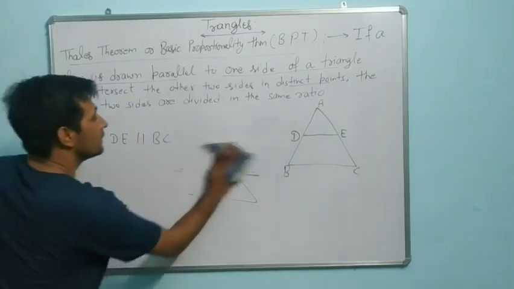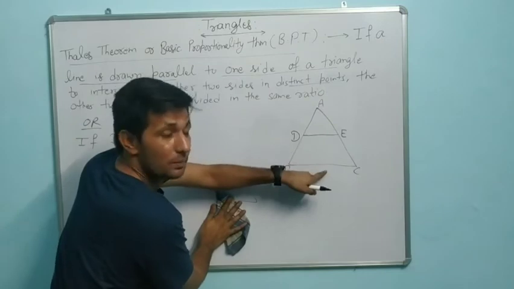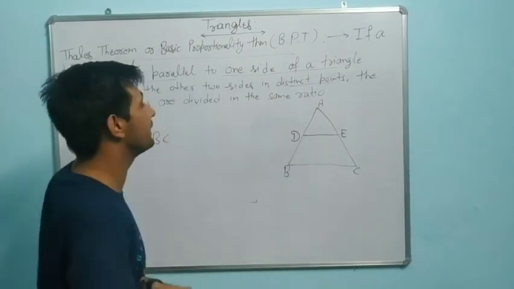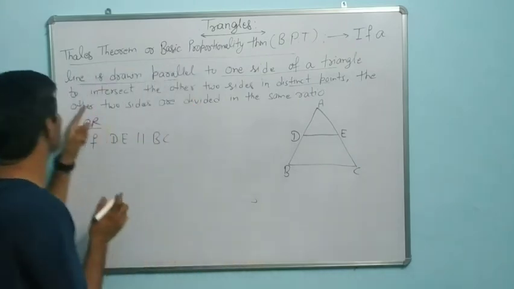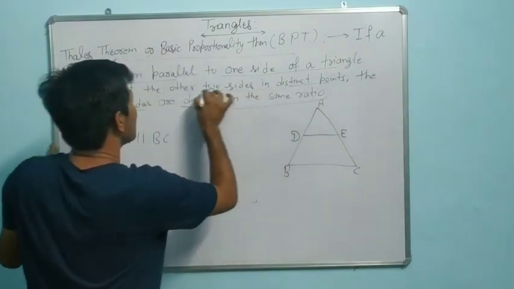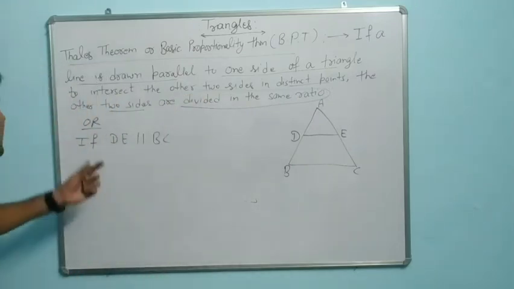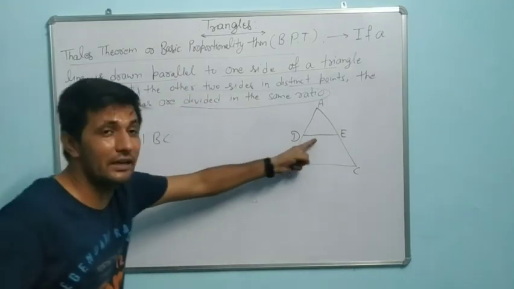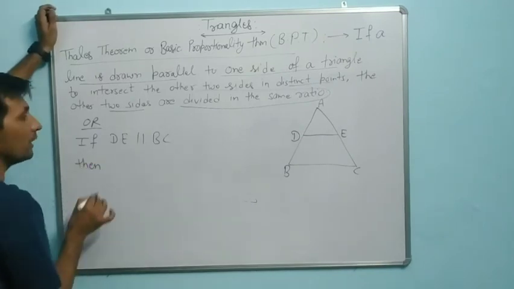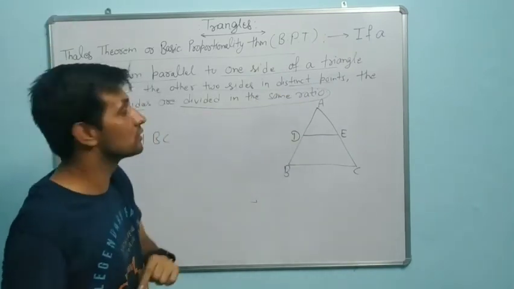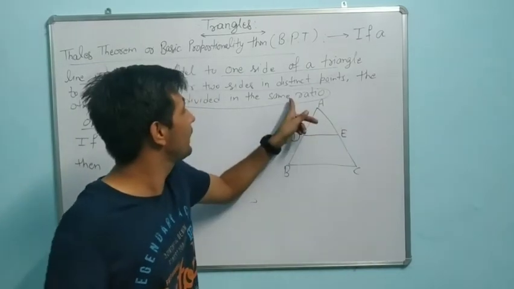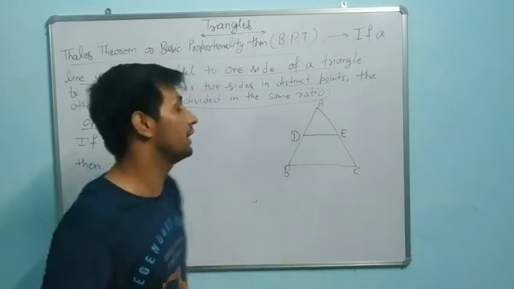If a line is parallel to one side of a triangle and it intersects the other two sides, then the other two sides are divided in the same ratio. Always remember, if the line is parallel, then these two sides are divided in the same ratio.